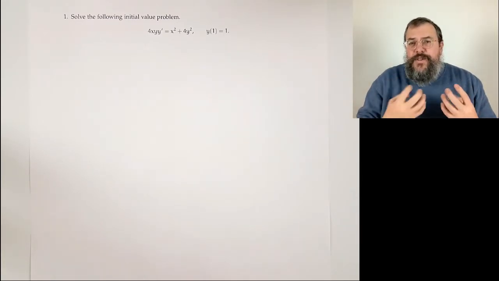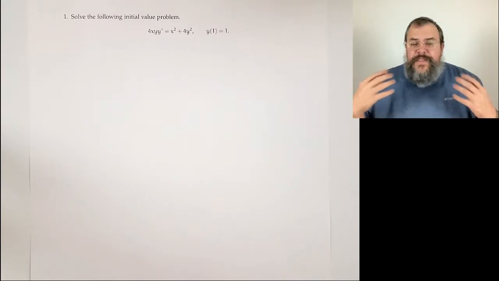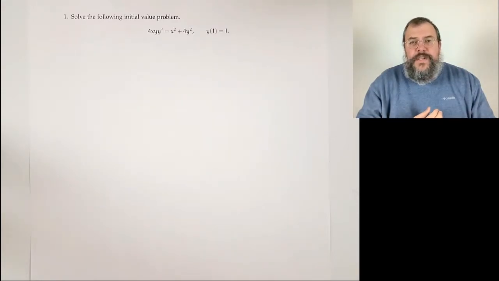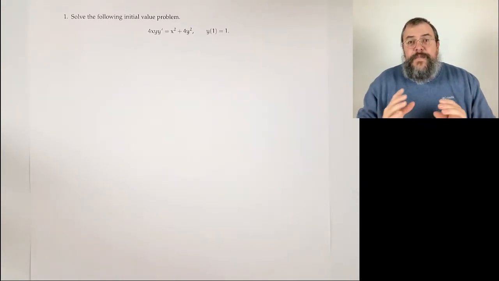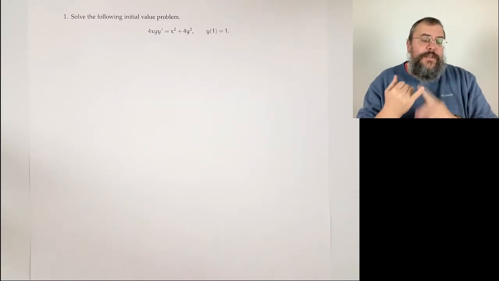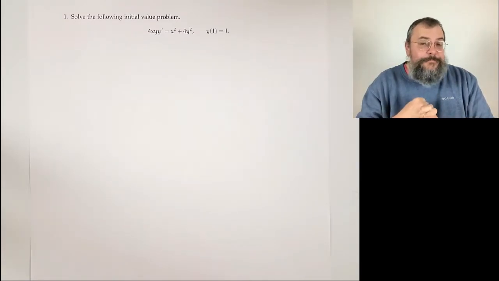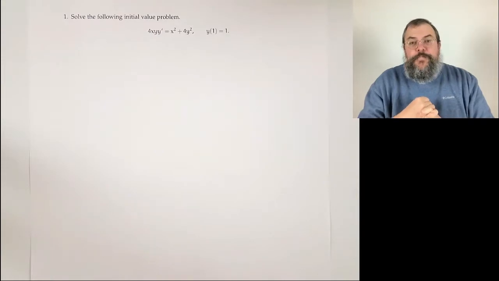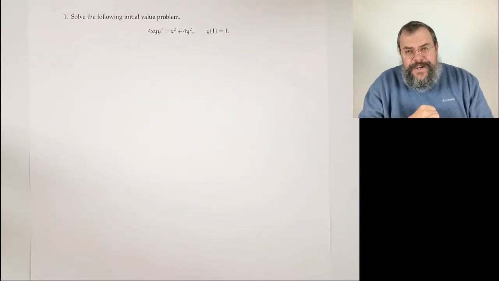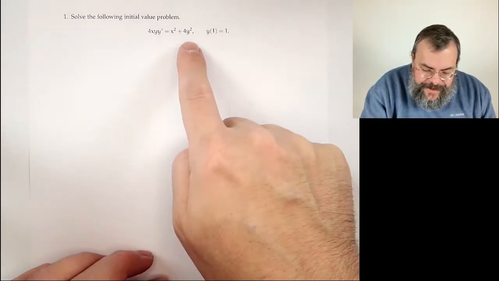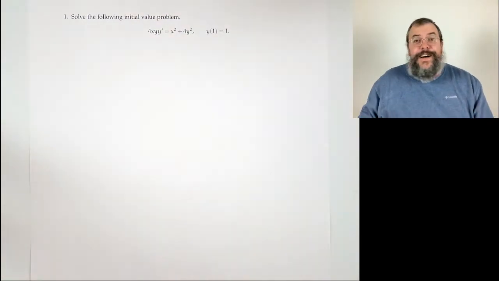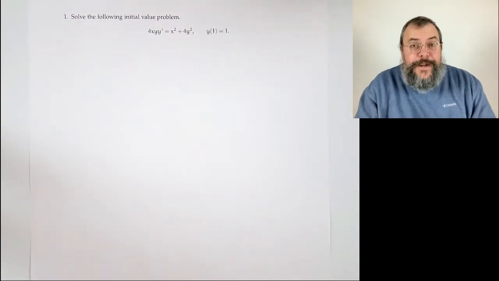And homogeneous, it almost has to be totally clear that it's homogeneous, and this one turns out not to be that. So we're thinking it's probably linear first order. Probably. But there's a problem here. That y squared, that's not being very linear friendly.